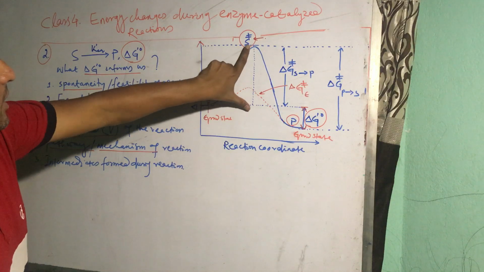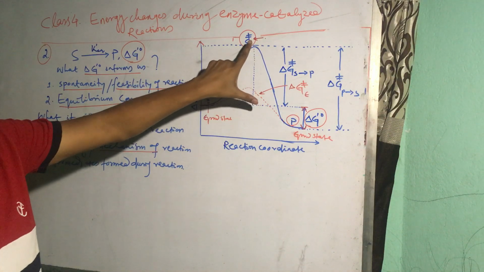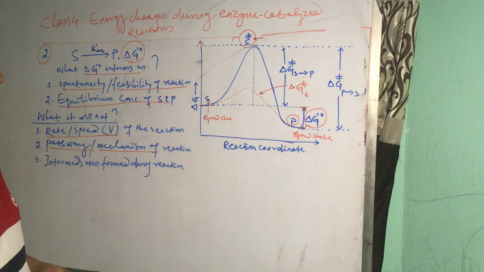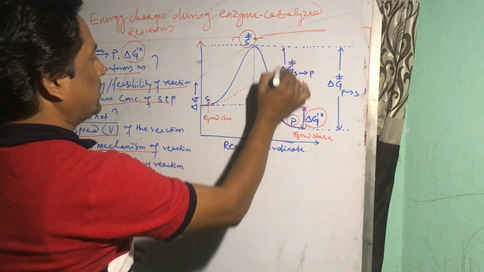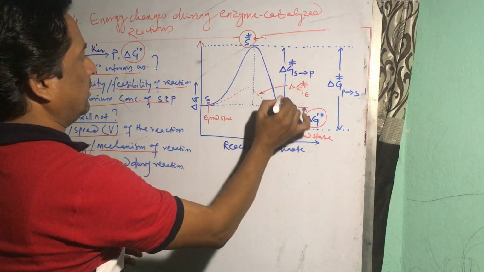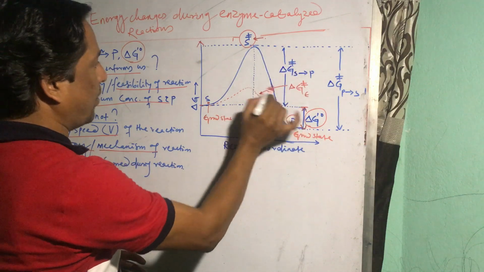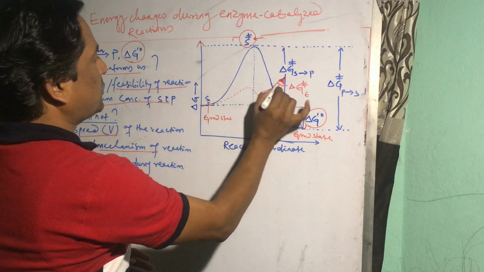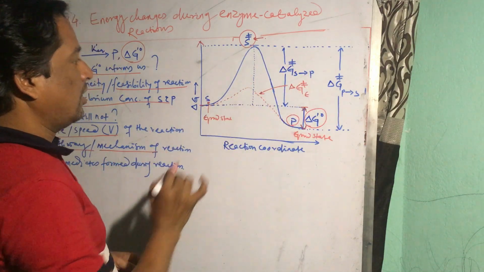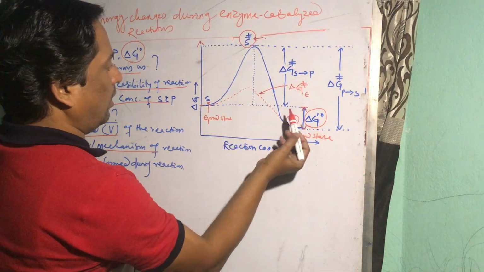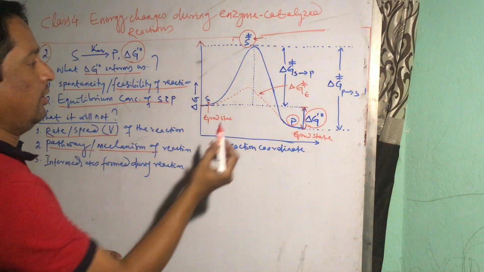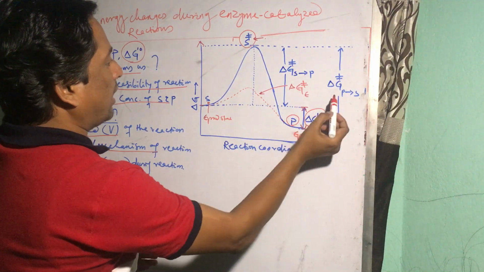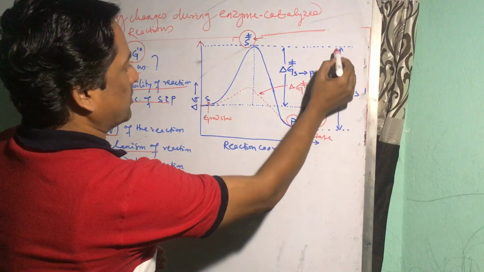This energy hill is otherwise called activation energy. So this amount of energy is the activation energy required for the substrate to be converted to product, whereas if the reaction is reversible, the activation energy will be this much.